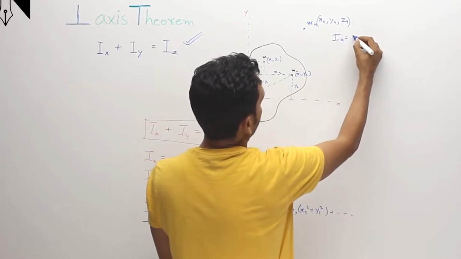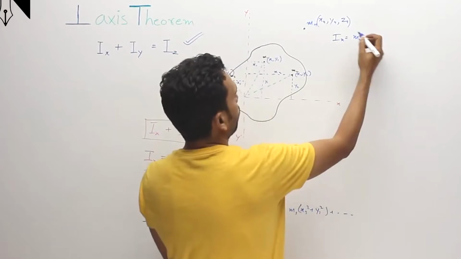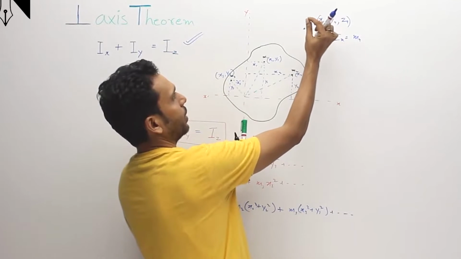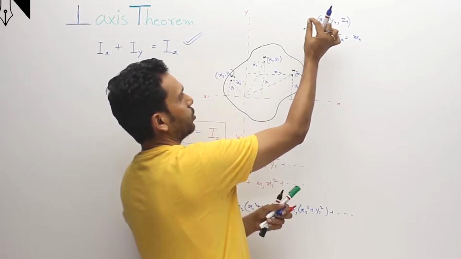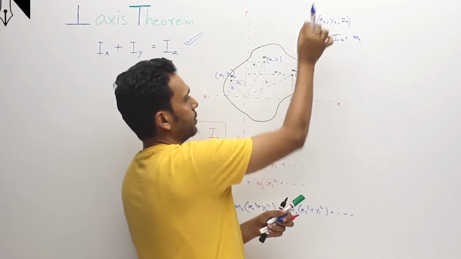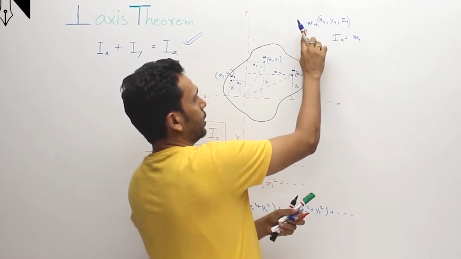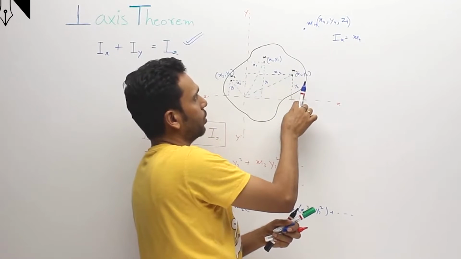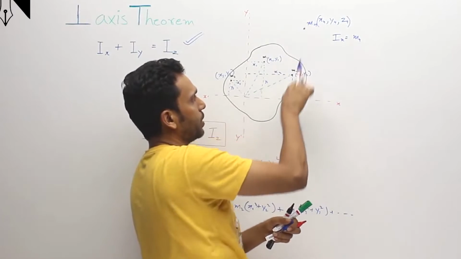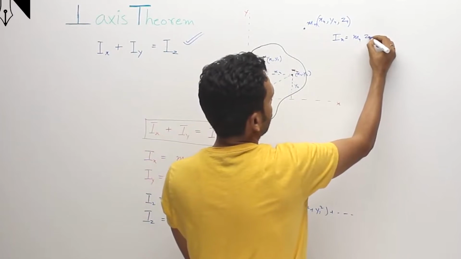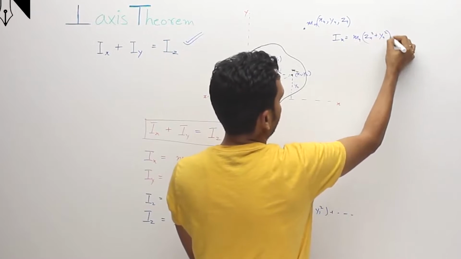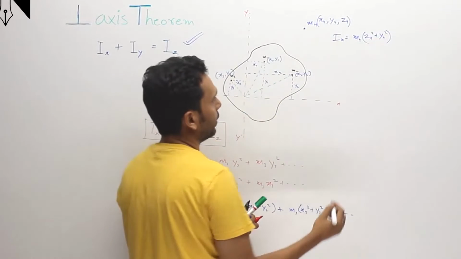Ix for this would be m4 into the distance between the tip of the blue marker, which is over here, the body is over here, to the x-axis. So the height is z, and this base length is y4. So it would be z4 square plus y4 square, under root and square of that. So that will be Ix.